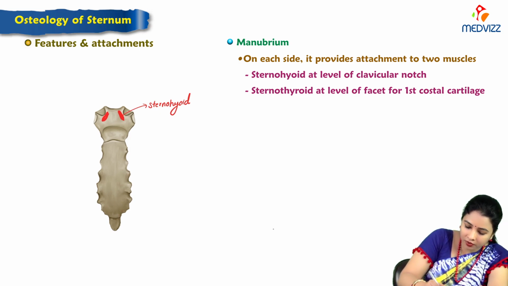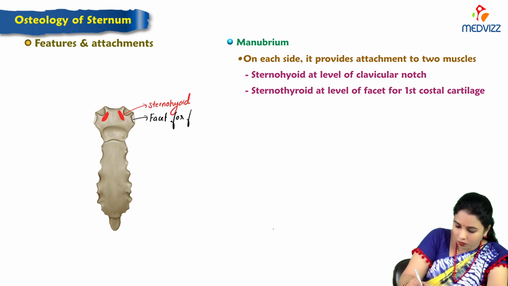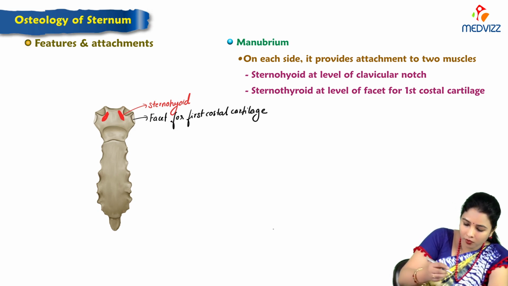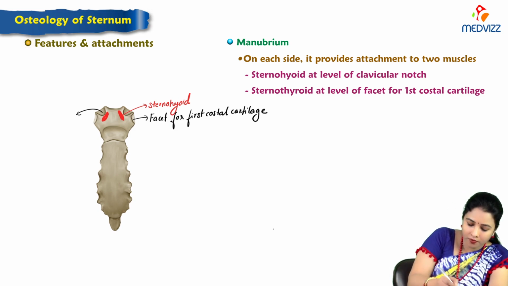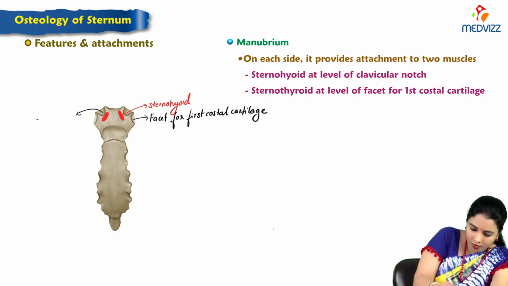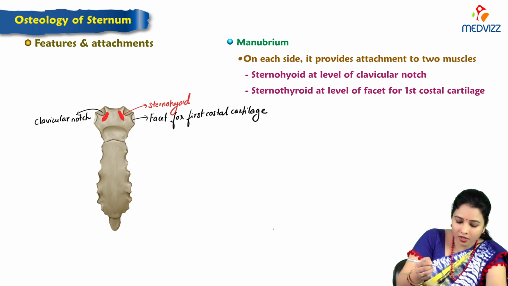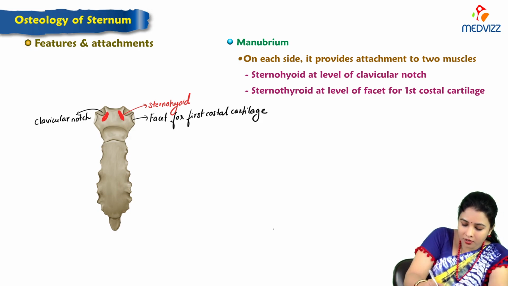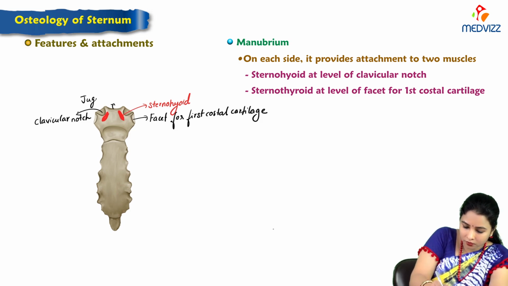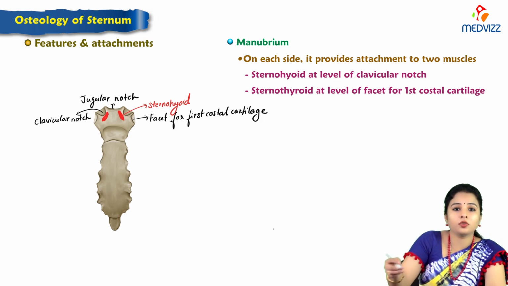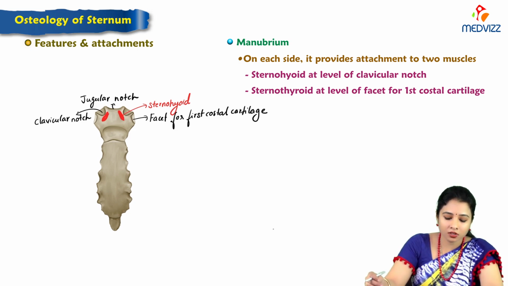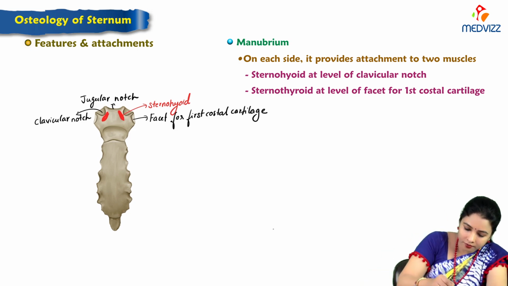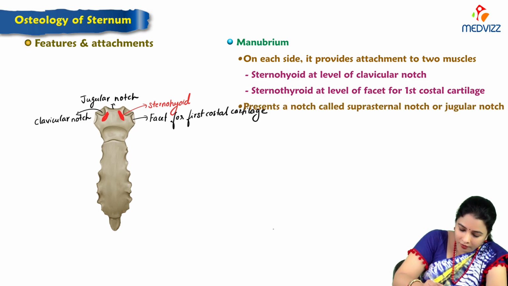So here is the facet for the first costal cartilage, and here is the facet for the clavicle, the clavicular notch, where the clavicle articulates, and the upper border is the jugular notch. So we can see the origin of sternothyroid, which is present at the level of the facet for the first costal cartilage.